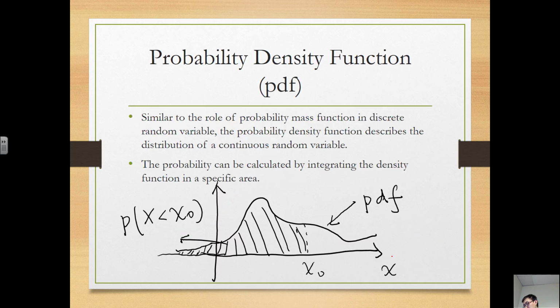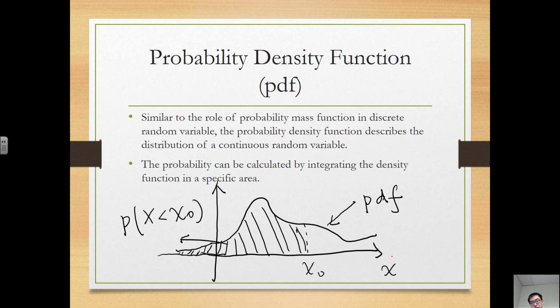So to define normal distribution rigorously, we need the definition of probability density function. As we know, in the discrete case, we have a probability mass function.